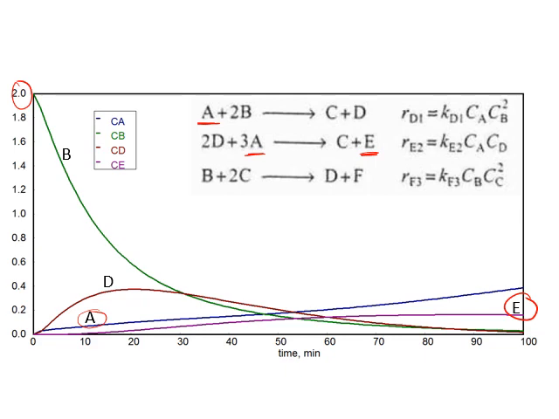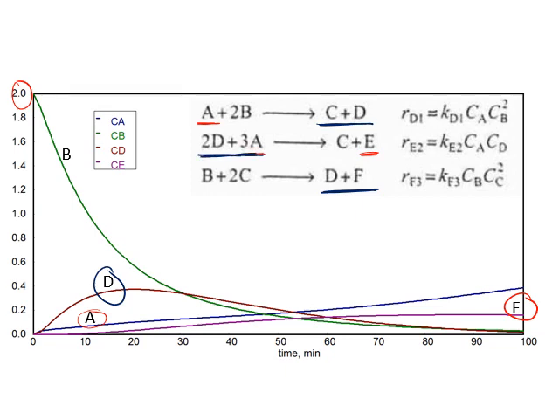Let's look at D. Its concentration is increasing, reaches a maximum value, and then keeps decreasing. Why is that? Well, let's see. D is being formed through reaction 1 and reaction 3. At the same time, D is being consumed through reaction 2.